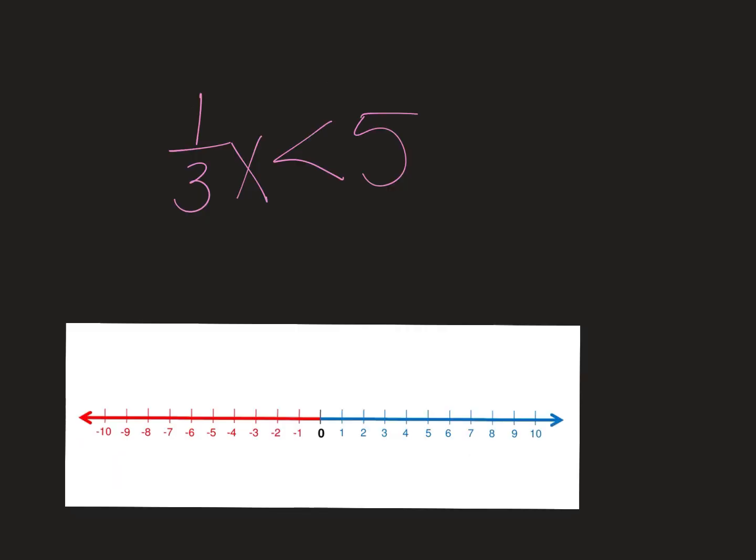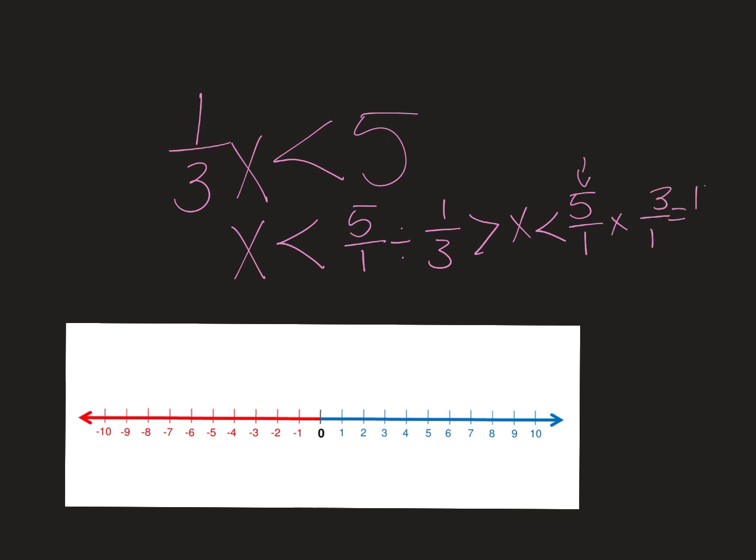All right, so this is a simple one. If you have 1/3 x less than 5, you're going to do what? Bring it over through what? Division. So you've got x and do 5 over 1 divided by 1/3. Remember, when you're dividing fractions, you KFC: keep, flip, and change.